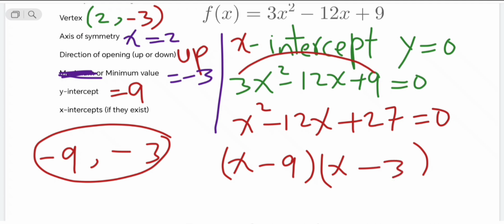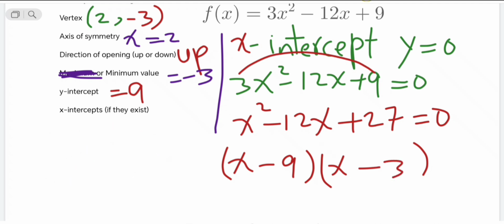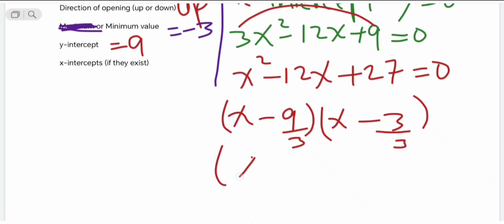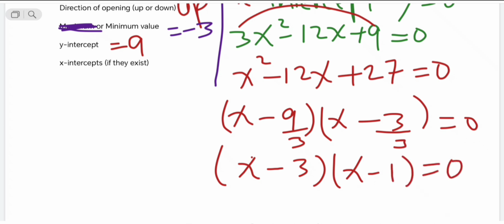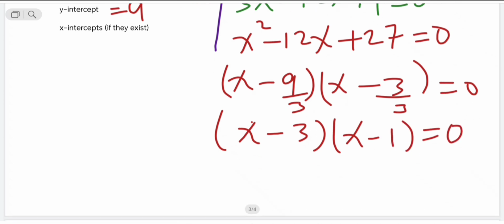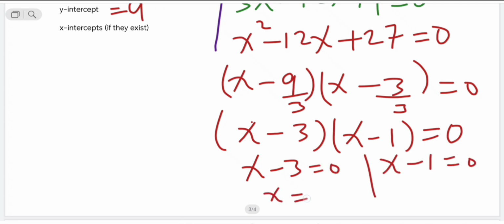Now, we have the coefficient 3, so divide both by 3. So x minus 3, because 9 divided by 3 equals 3. Then x minus 3 divided by 3 equals x minus 1, equals 0. Now x minus 3 equals 0 and x minus 1 equals 0. So x equals 3, x equals 1.